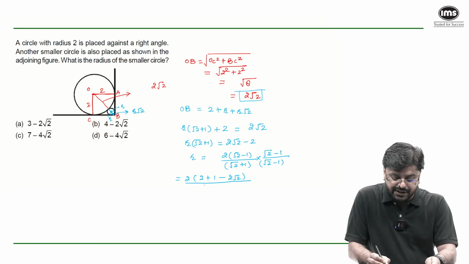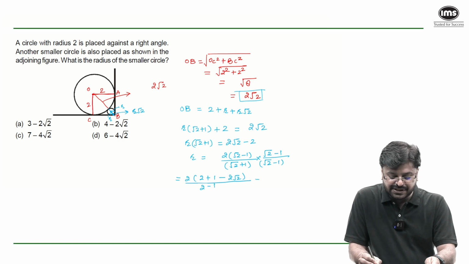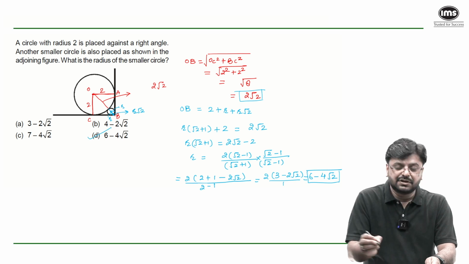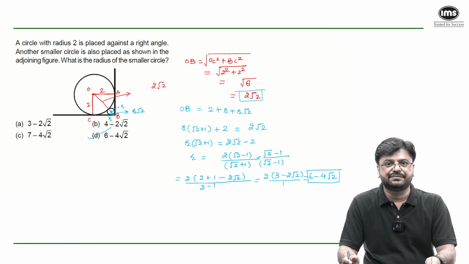So root 2 square is 2, 1 square is 1, so this is basically 1. So we get here 2 bracket 3 minus 2 root 2 upon 1, which can also be written as 6 minus 4 root 2. So option D here is the right answer.